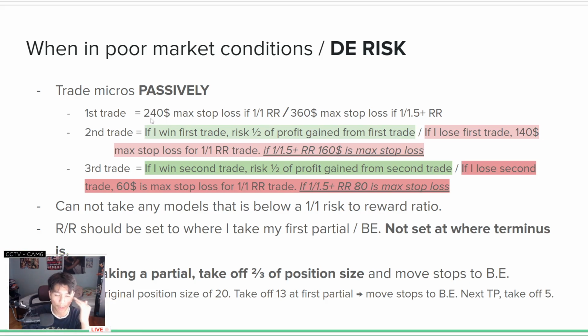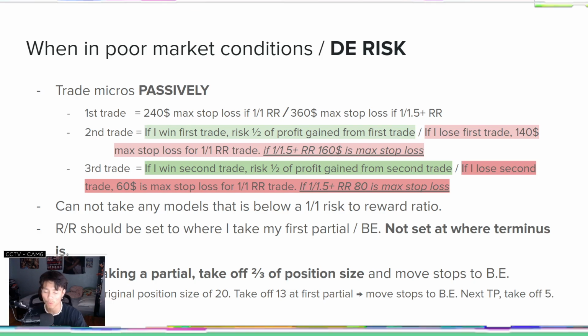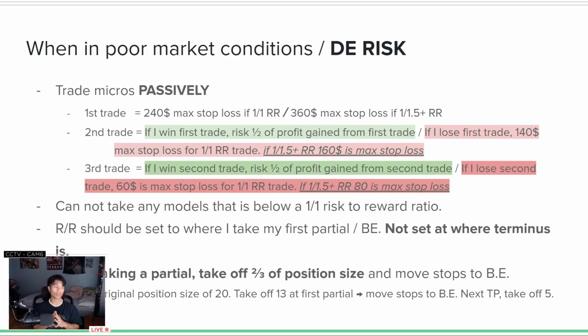I won't go over every single thing here, but one different aspect is the first trade: if the risk to reward is a 1-to-1, then your maximum stop loss will be 240 here if you're trading passively. And if it's a 1 to 1.5 or higher risk to reward, then you'll be risking 360. So you can take a look at the numbers yourself here.